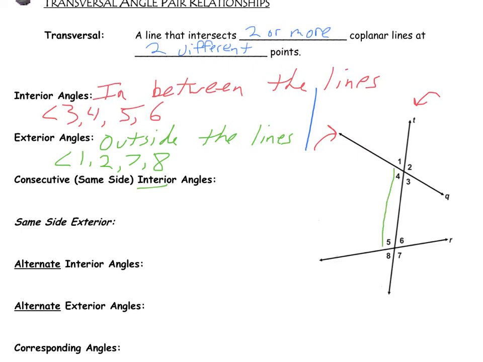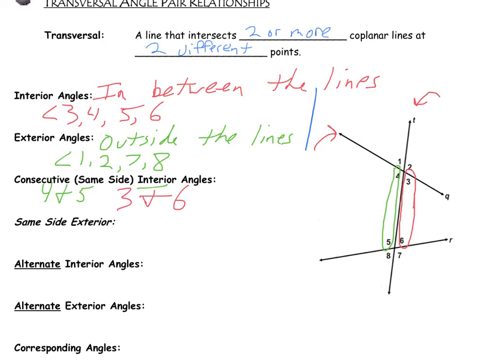For instance, 5 and 4 are interior angles on the same side of the transversal. So a pair of consecutive interior angles would be 4 and 5. Another pair would be on the other side. 3 and 6 would also be examples of consecutive interior angles or same side interior.